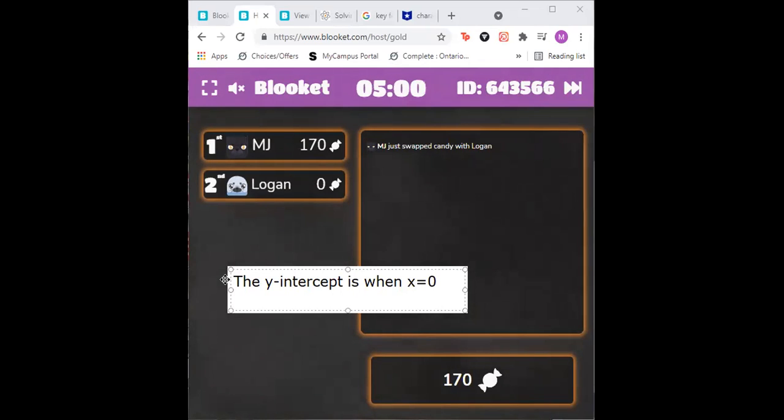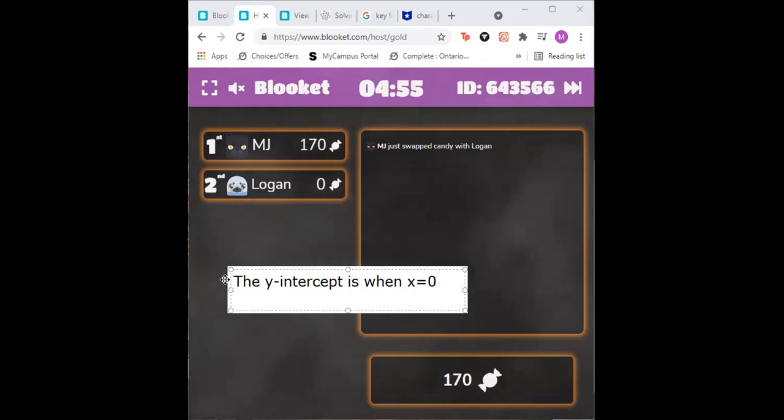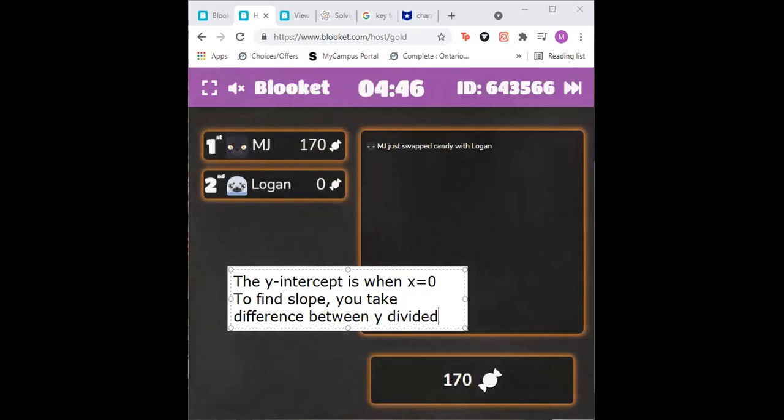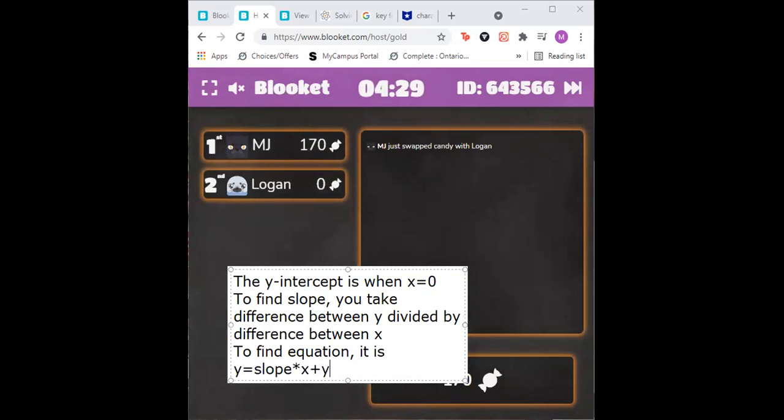That's when the y-intercept happens. And then to find slope, you take the difference between y divided by the difference between x. And then to find the equation, it is y equals slope times x plus y-intercept.